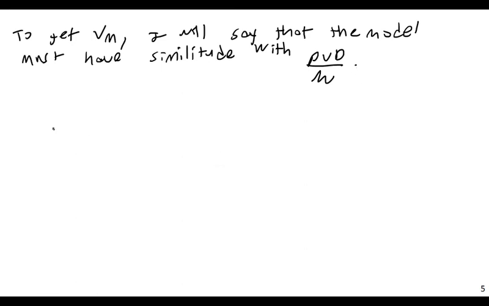And so I will then say rho VD over mu for our model is going to be equal to rho VD over mu for our prototype.